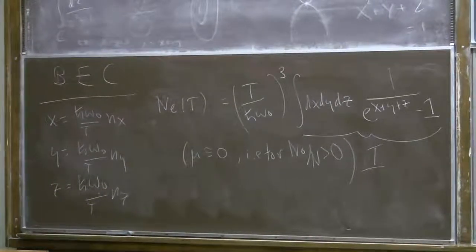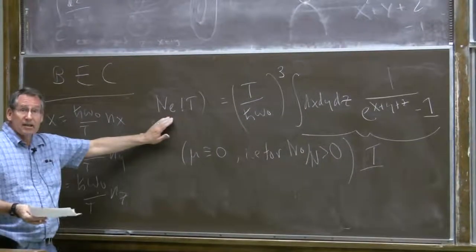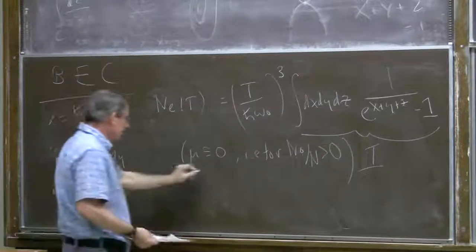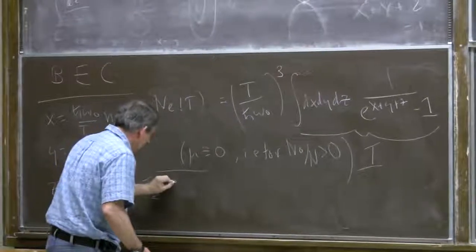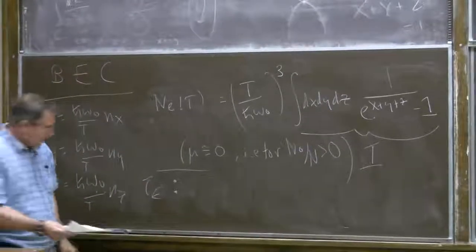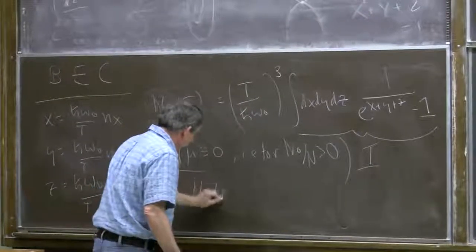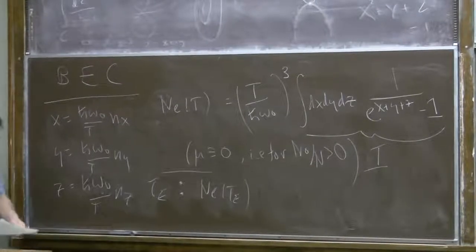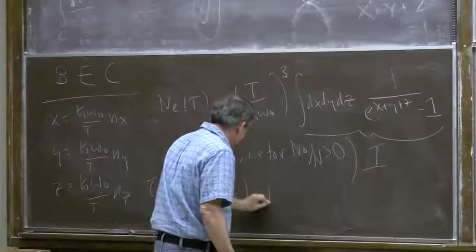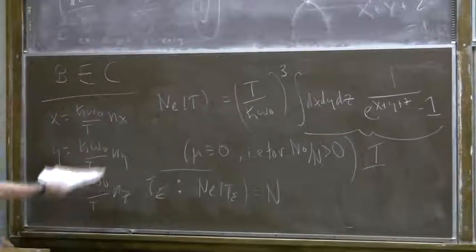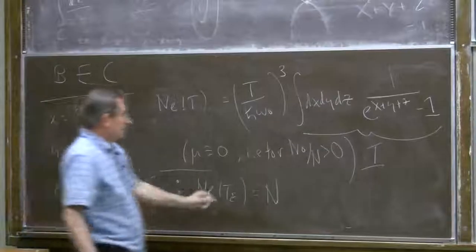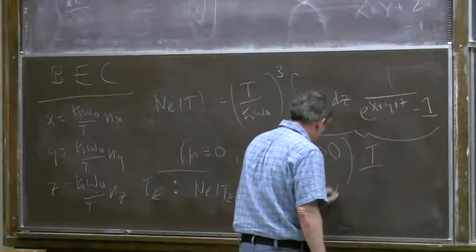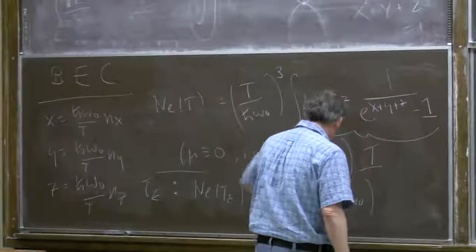When the number in the excited state is equal to the total number of particles, that's the onset of Bose-Einstein condensation. The Einstein temperature is determined by the condition that the number of particles in excited orbitals at temperature tau E is equal to the total number of particles. And N then is I, this integral, times tau Einstein over h bar omega naught, cubed.